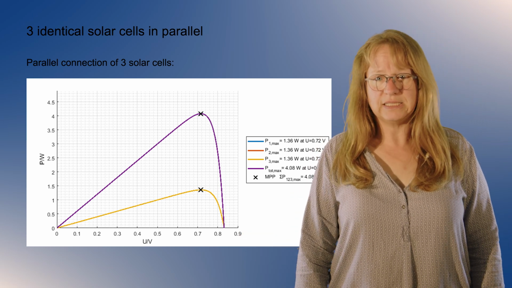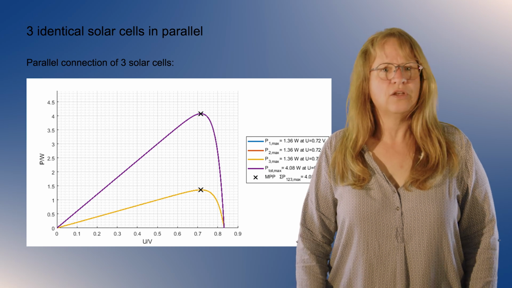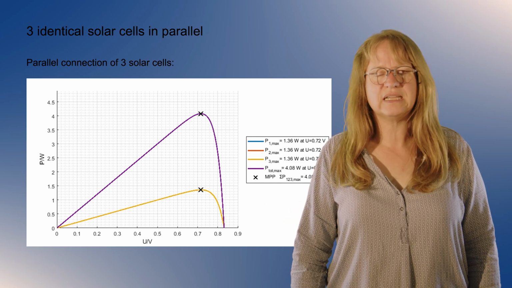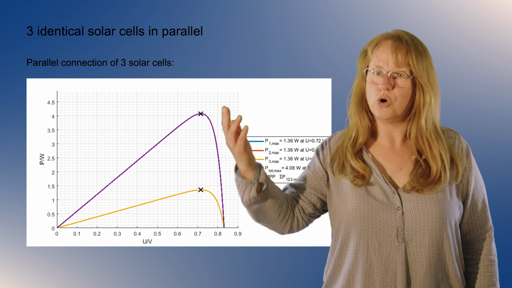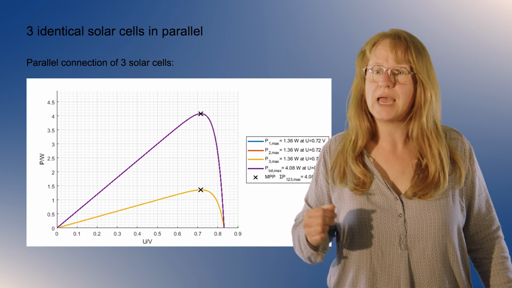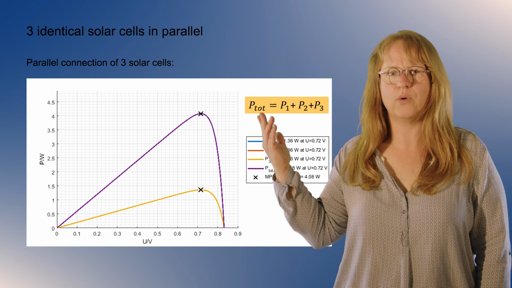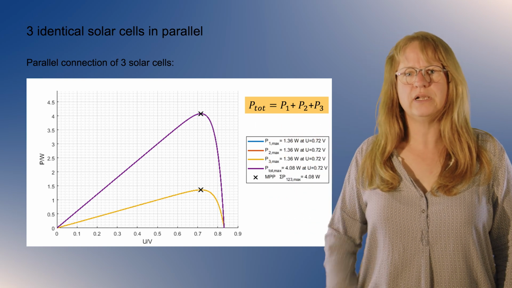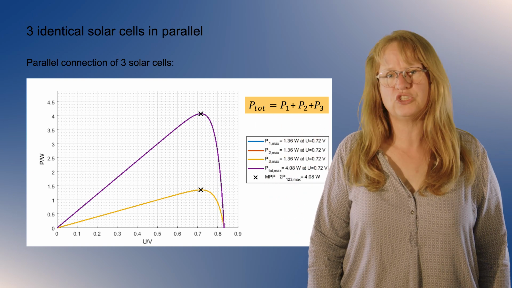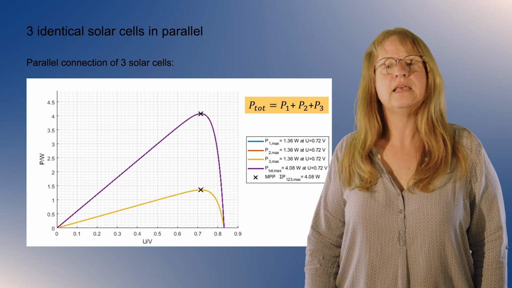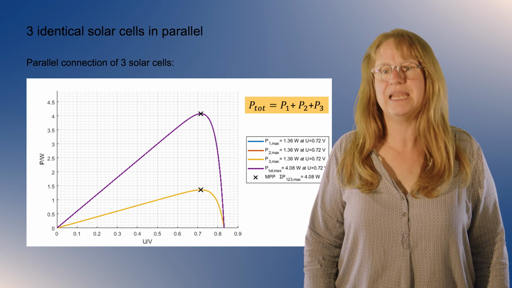So 3 solar cells in parallel, if they have all the identical characteristics, means that the total module has 3 times the power of each individual solar cell. So the module power P total is equal to the sum of the powers of the 3 individual cells if all the cells are identical.